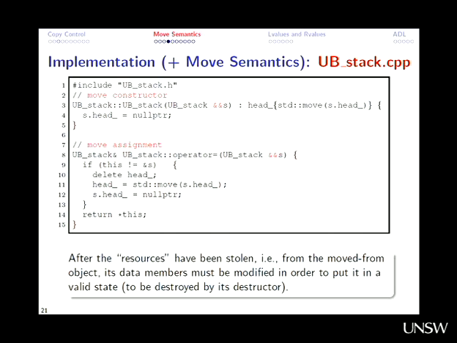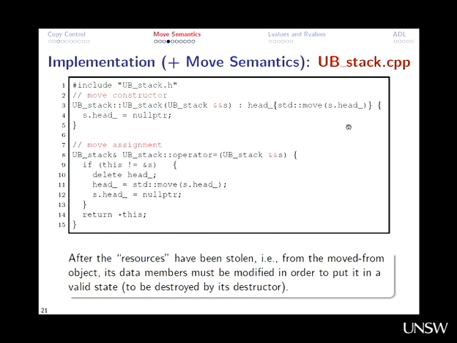For similar reasons to the things we saw when we get these moves and copies wrong, we don't want to end up deleting memory that we shouldn't delete. So the move constructor moves the head pointer and then sets the current head pointer to null, because the destructor is going to get called on that data.